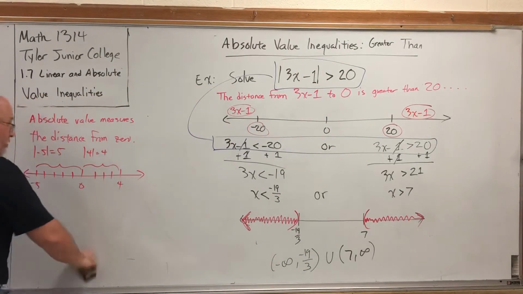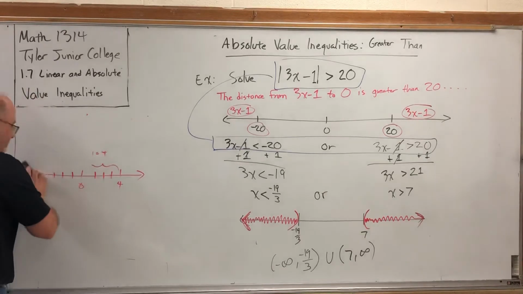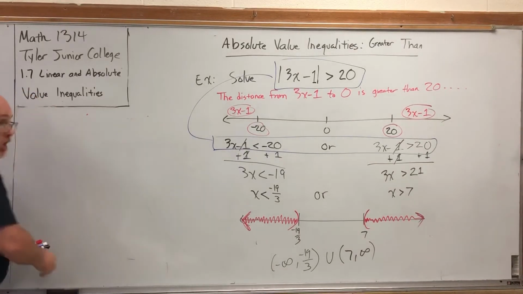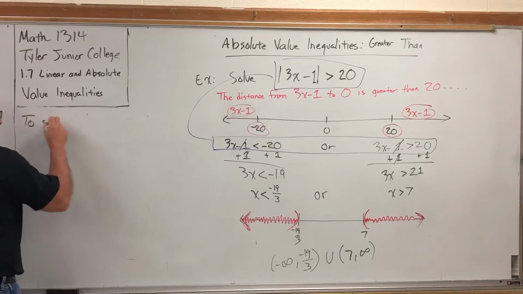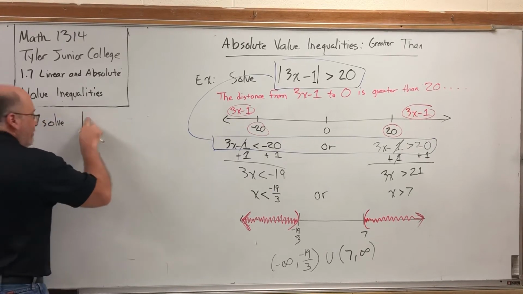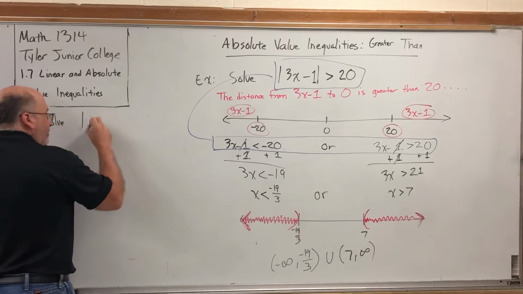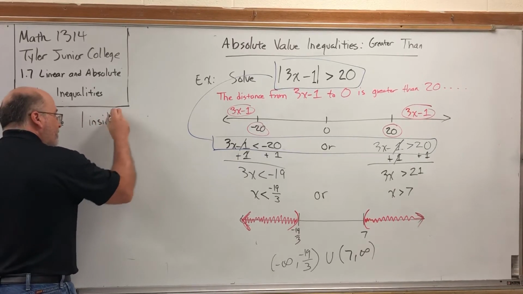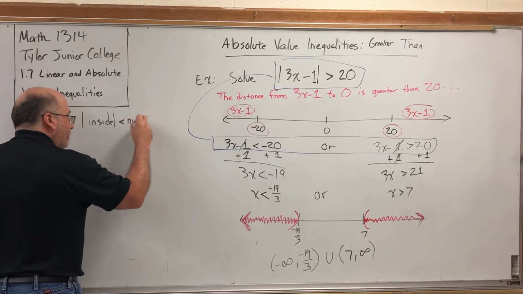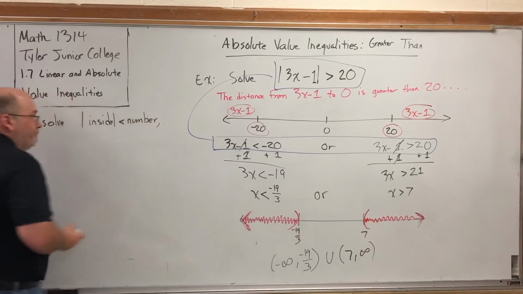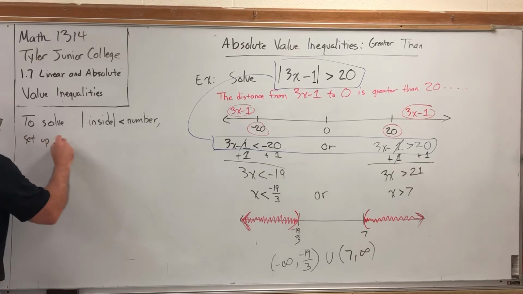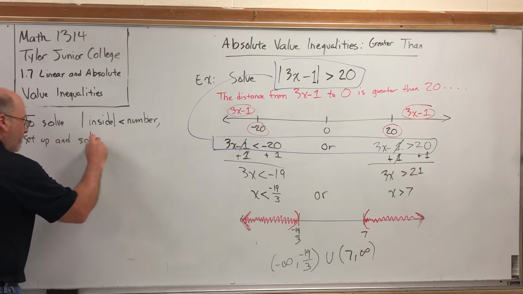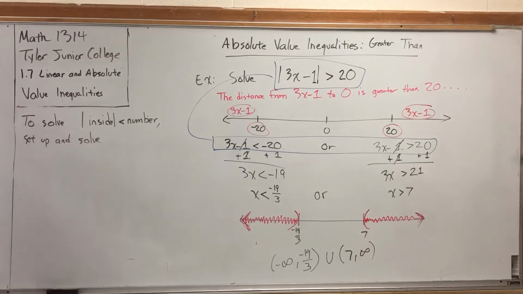So I think we can say the following. Okay, I know we can say the following. To solve absolute value of something on the inside is less than a number, set up and solve the following.